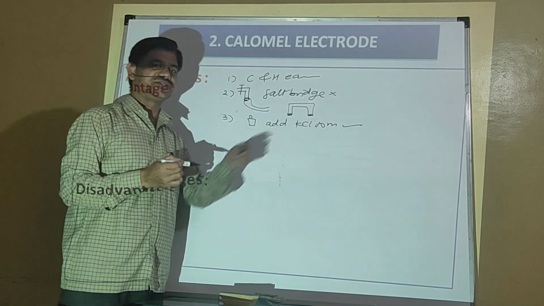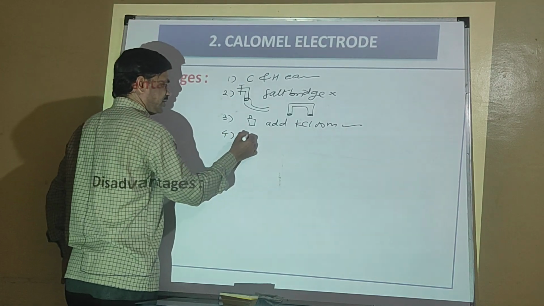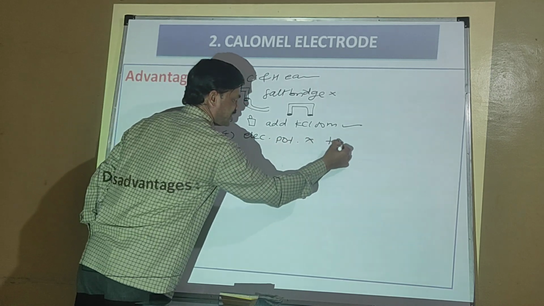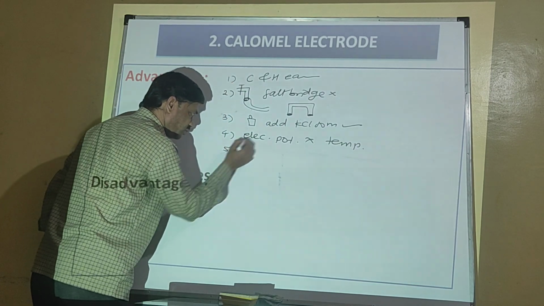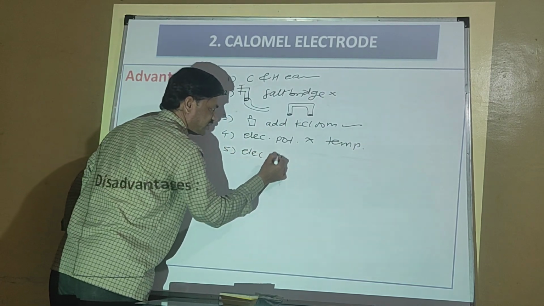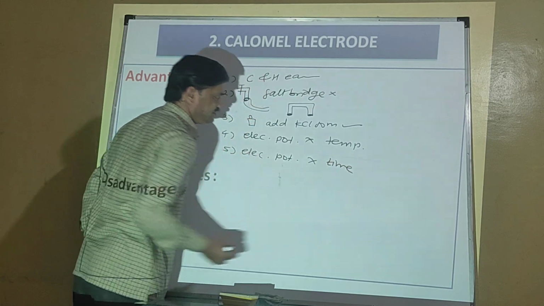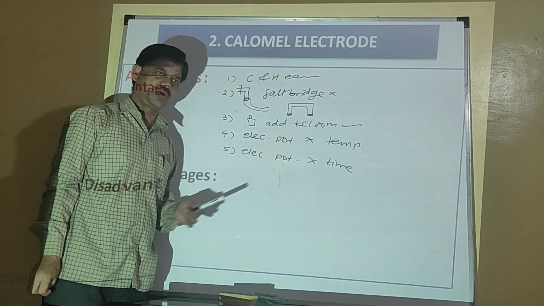Directly you can add fresh KCl solution from the top. What about the next point? Electrode potential values do not change considerably with respect to time. So, what is another important one? Electrode potential does not change considerably with respect to which factor? Time factor. So, remember these two, potential remains almost constant.